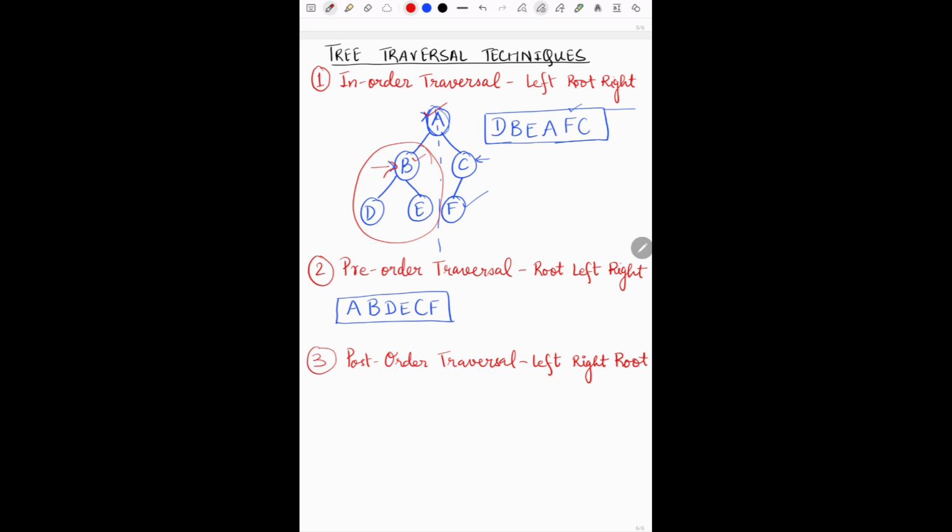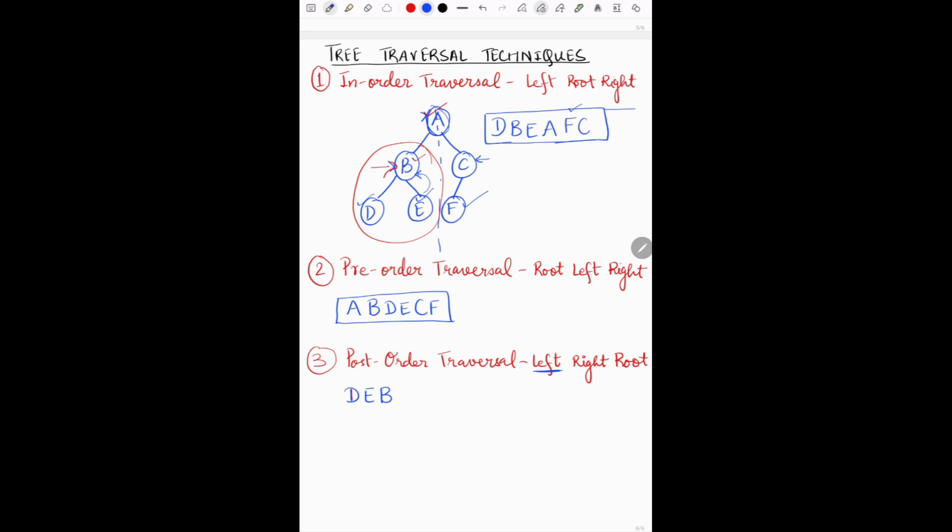Since this is a leaf, we stop going into the depth further, and first we write down the left of root node B, and then we traverse the right of B. The right of B is E, followed by the root which is B in this case. So it's left, right, followed by the root. In this way we have finished traversing the left subtree.